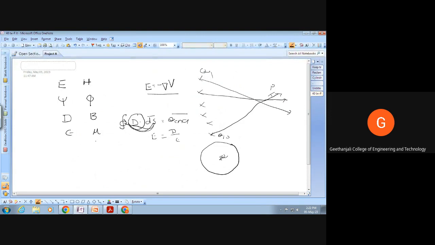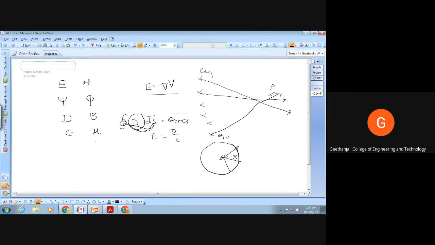Now you can see that for any point on the spherical surface, the distance is the same, which is nothing but radius r. So if you evaluate the electric field intensity, at every point on the spherical surface, electric field is constant, q by 4 pi epsilon naught r square a r.